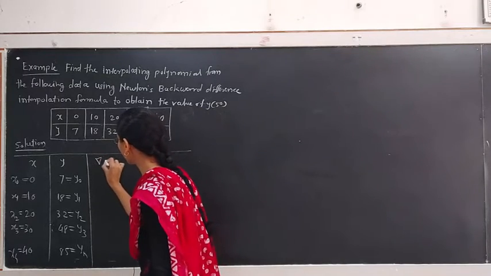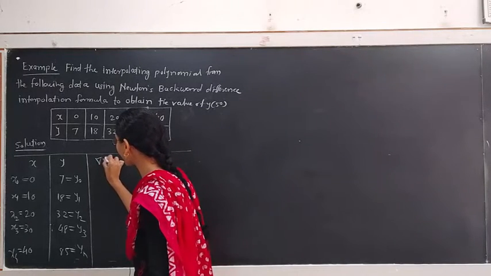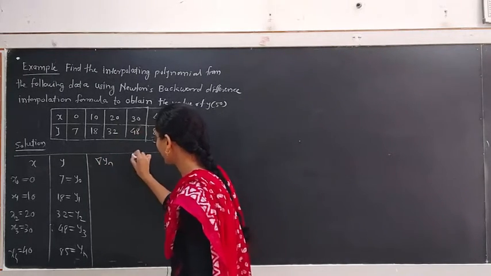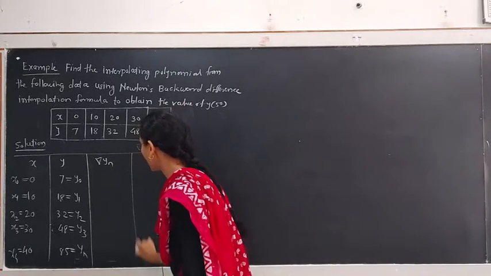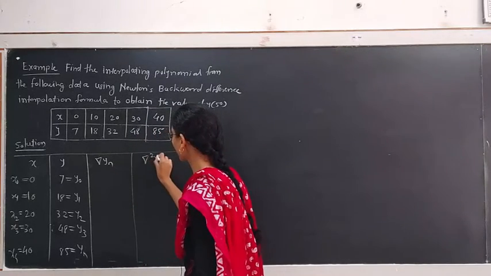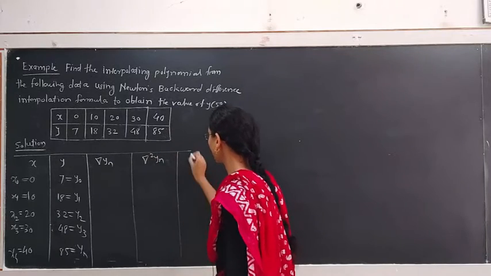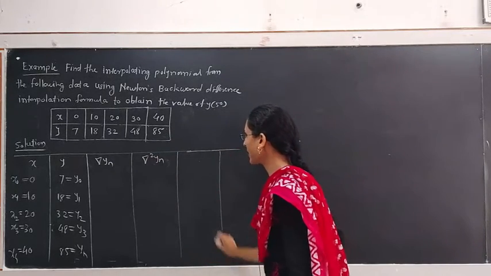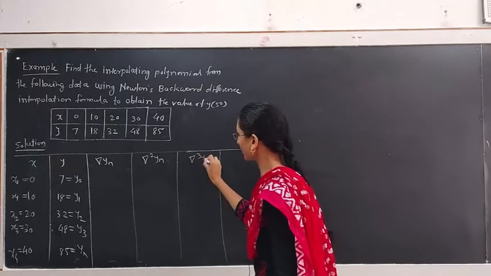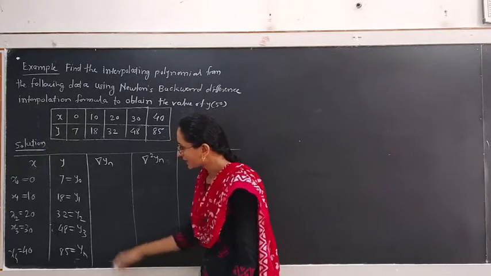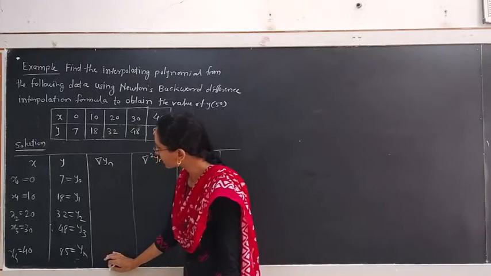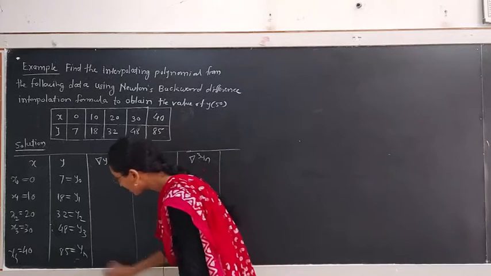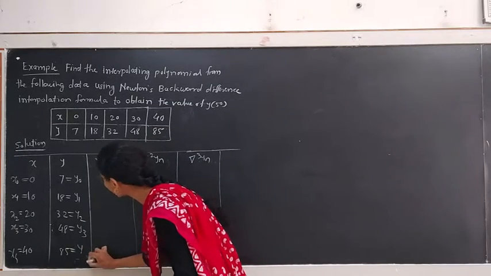Initially, we get the first order backward difference at the point yn, then del square yn, del cube yn. We will calculate the values in the second column from the end of the table.